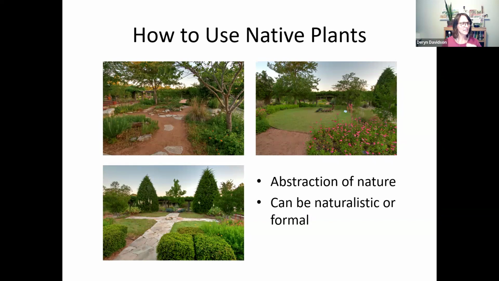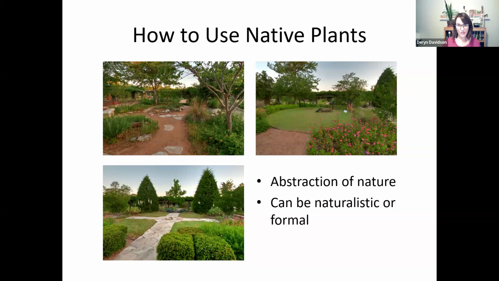That is kind of a habitat garden, like the stone walkway. You've got ground covers, trees, shrubs, grasses. The one on the upper right is meant to be sort of like a typical suburban home. These are demonstration gardens. You've got your patch of grass, and then you've got your shrub border around that, and then some trees.